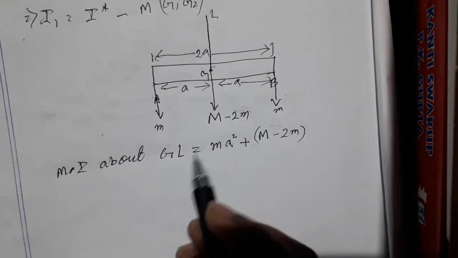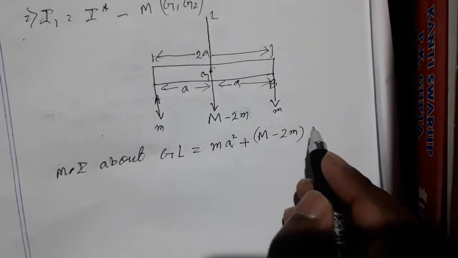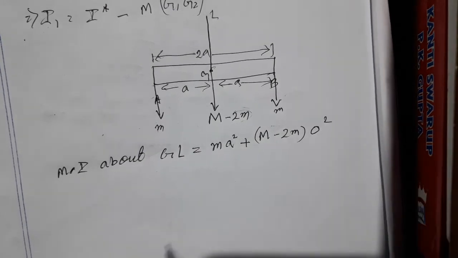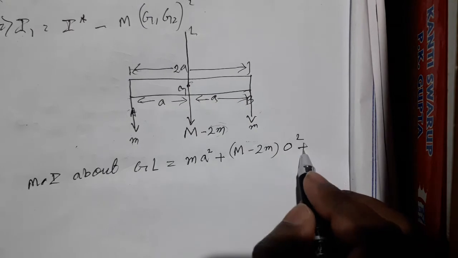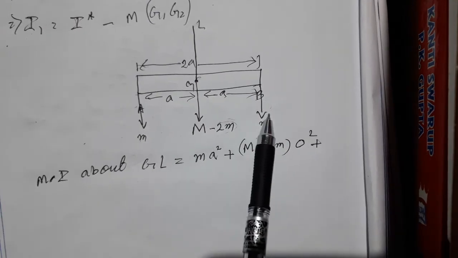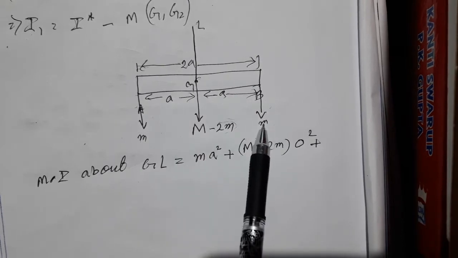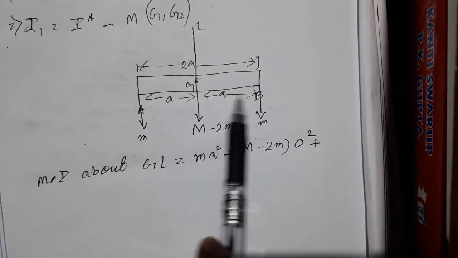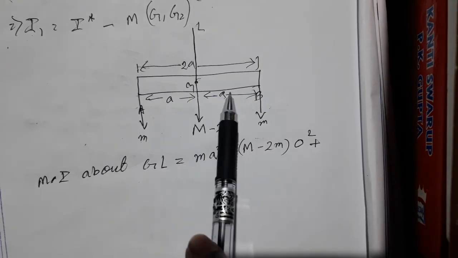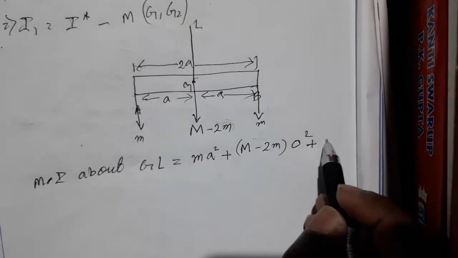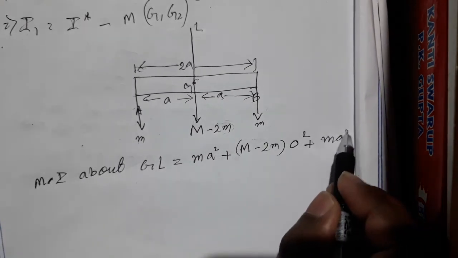What is the perpendicular distance? There is no distance, so the distance is 0. So 0 square, plus, what will be the moment of inertia of this body about GL? It is mass into perpendicular distance. The perpendicular distance is a, so a square.